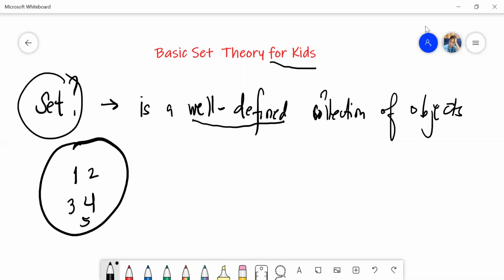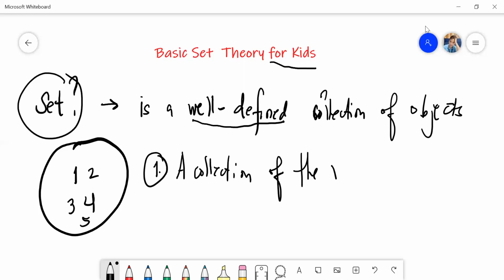Okay. Another thing is, let's consider this. A collection of the vowels of the English alphabet.